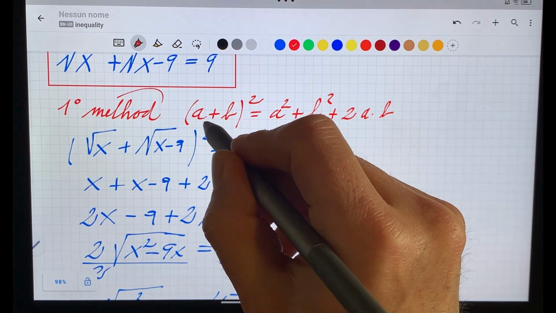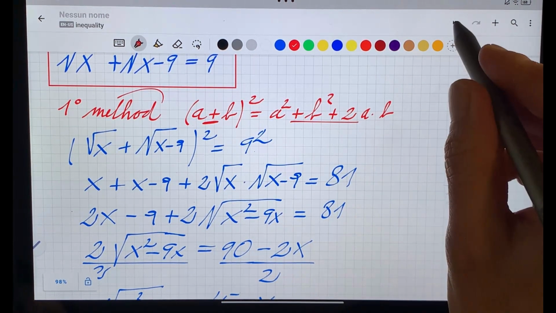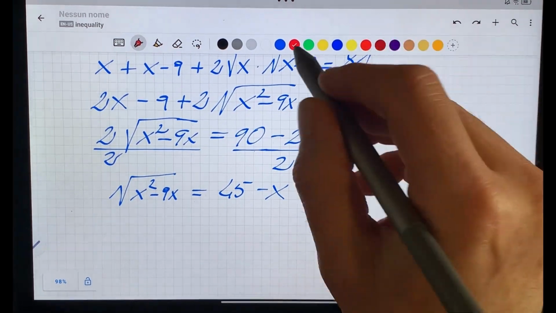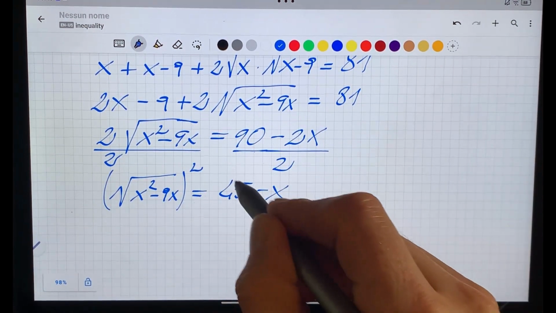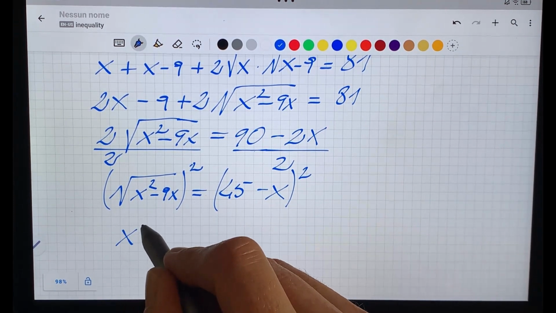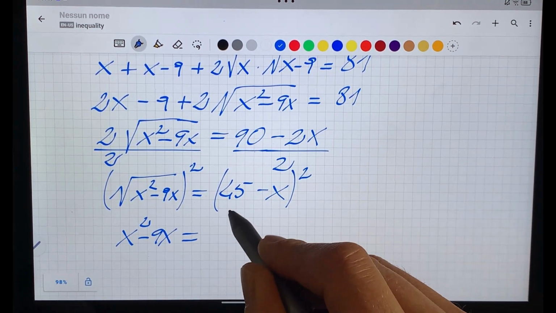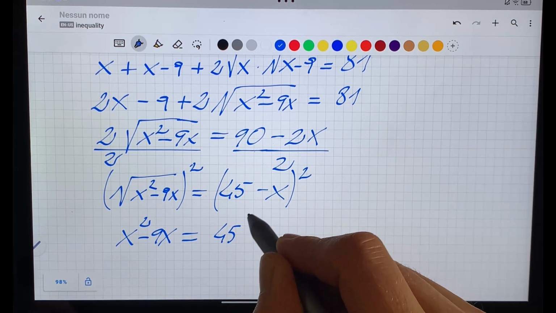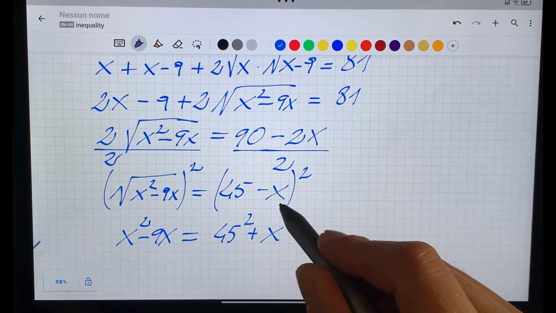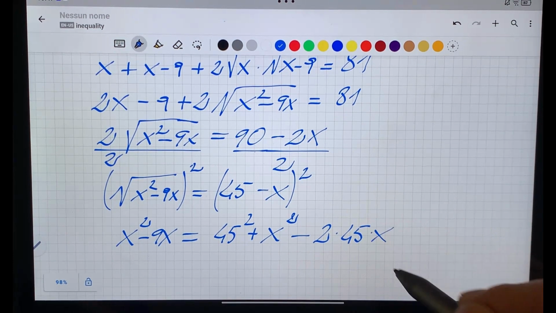When the second term is negative, the 2 times a times b term is negative as well. So the square of the left side is x squared minus 9x, equal to 45 squared plus x squared, and then minus twice 45 times x.